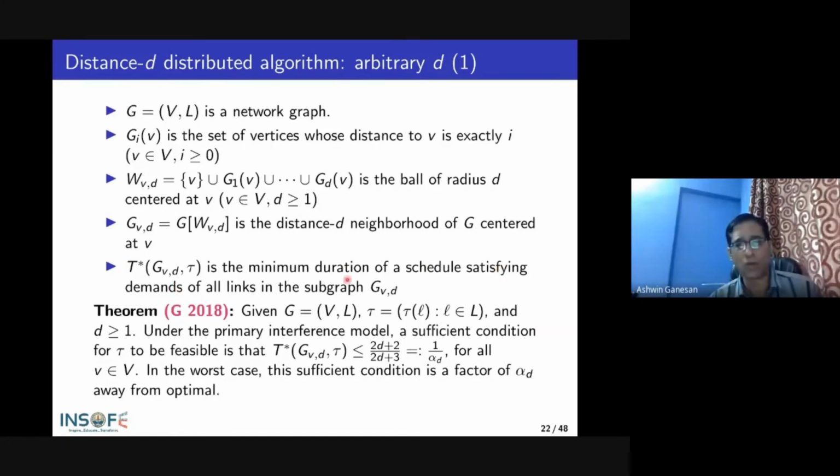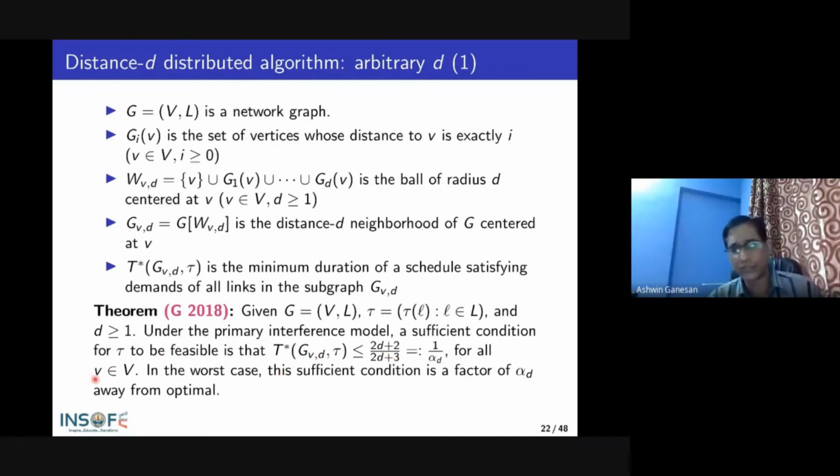That's the minimum duration of a schedule satisfying the demands of all the links in that subgraph. And the theorem says that given G, under the primary interference model, a sufficient condition for tau to be feasible is that the fractional chromatic index of that edge-weighted subgraph is less than or equal to (2d plus 2) over (2d plus 3), for every vertex V.